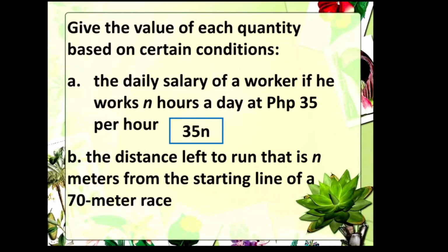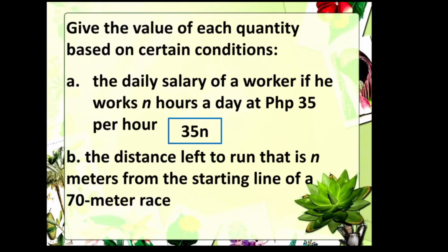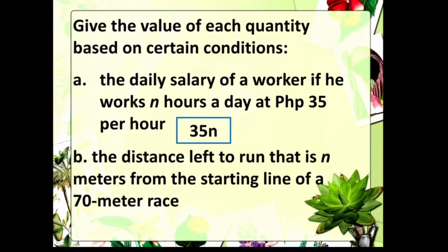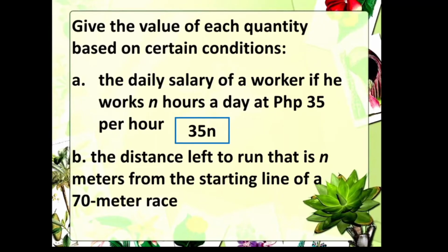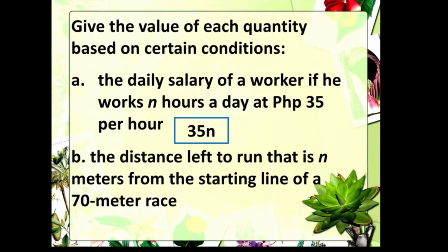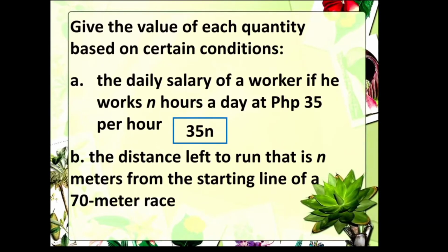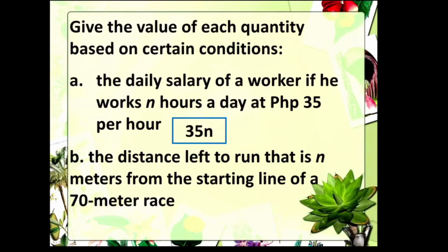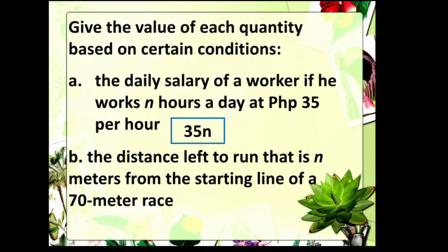Suppose you are in a 70-meter race and you run 50 meters. So the question is, how many meters more do you need to run? That is 20. How do we get that? Because we subtract 70 minus 50 to obtain 20.